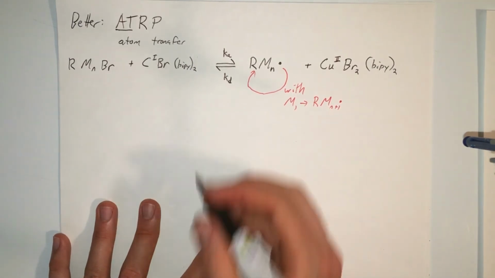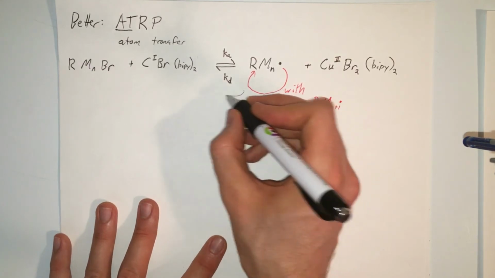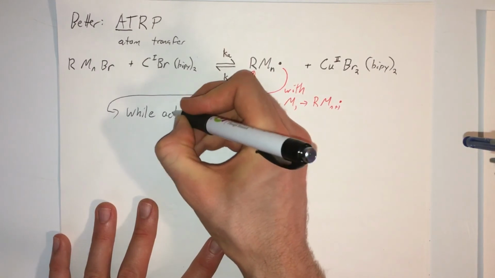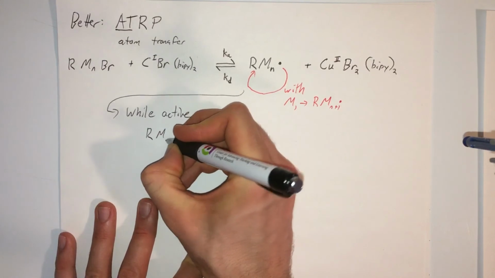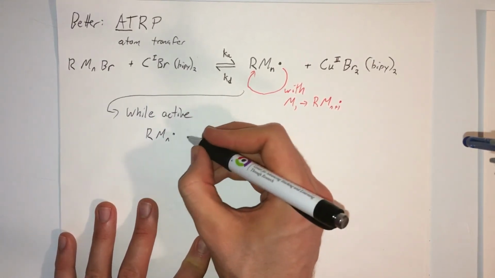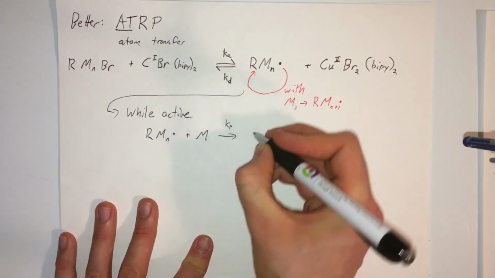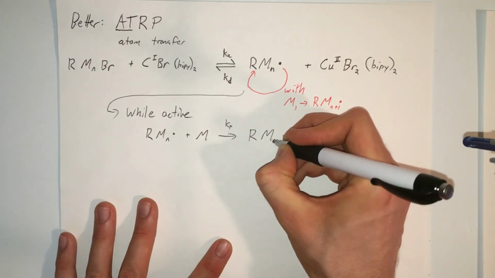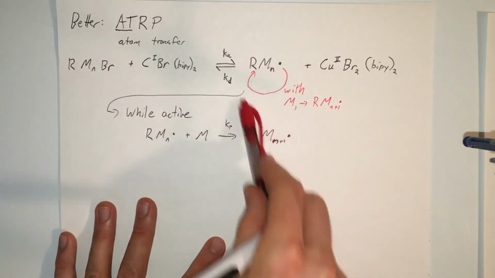So, while active, we have R in our radical plus one monomer going with our propagation constant to R N+1 with a radical on the end of it. So that's this looping process.